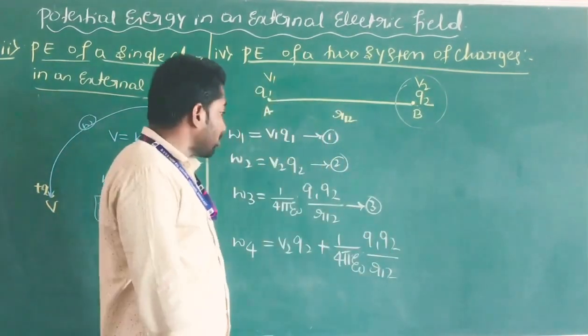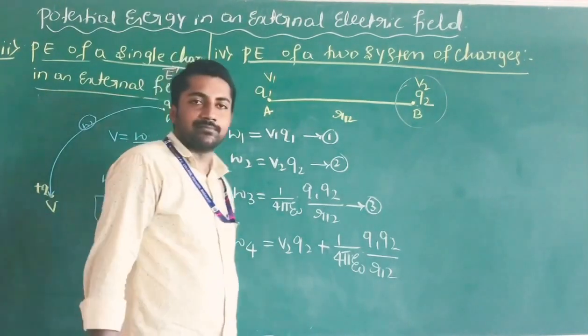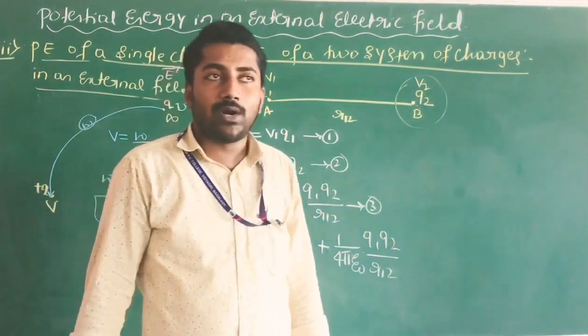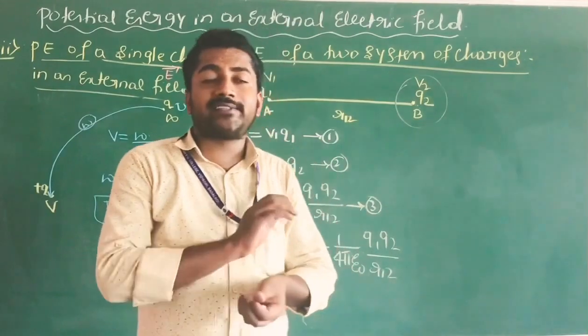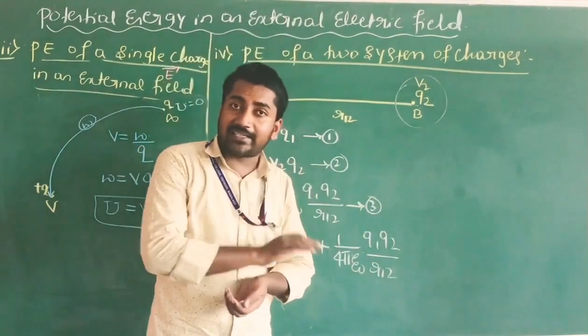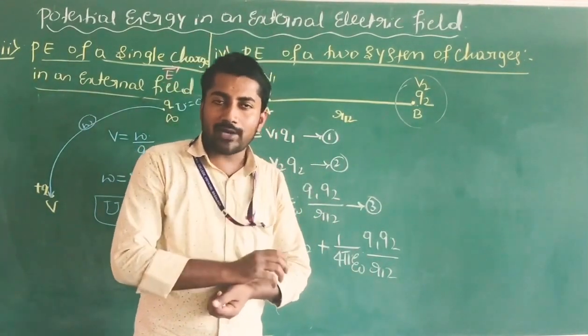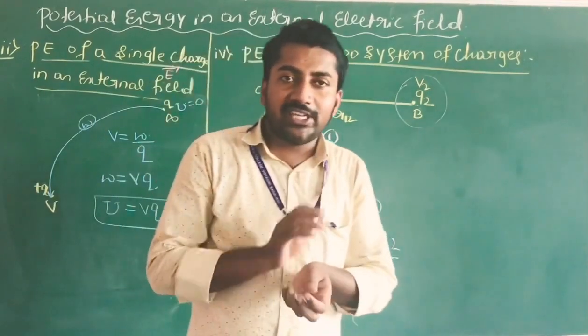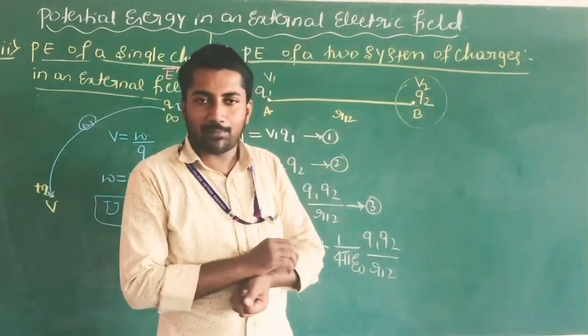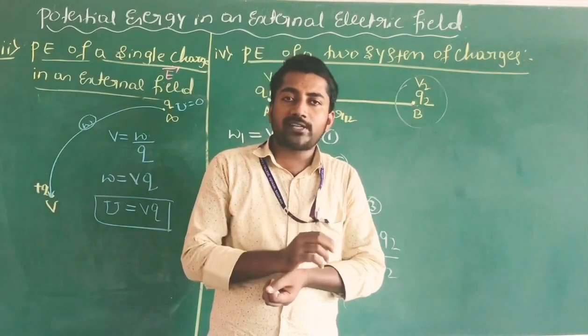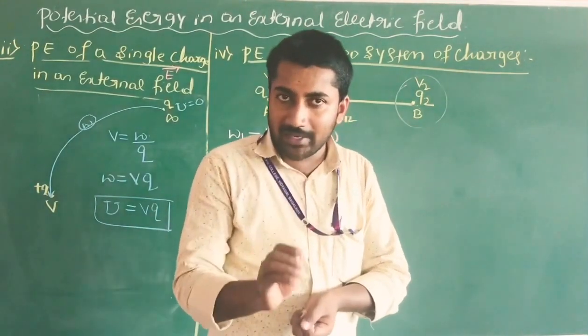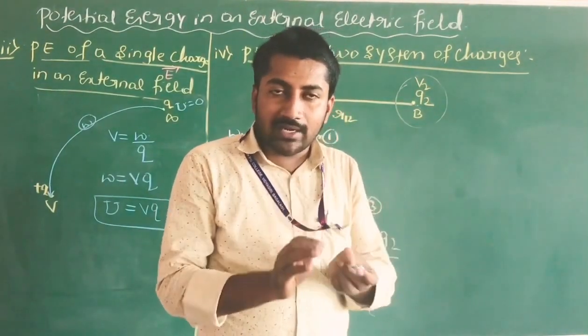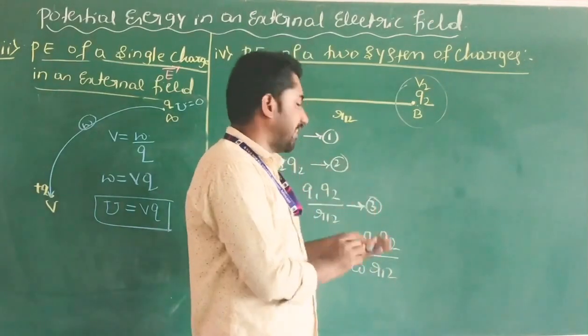Hence, the total amount of work done due to the 2-point charges in an external electric field is equal to the total potential energy of the 2-point charges. The potential energy of the 2-point charges in an external electric field is equal to work done assembling that configuration.